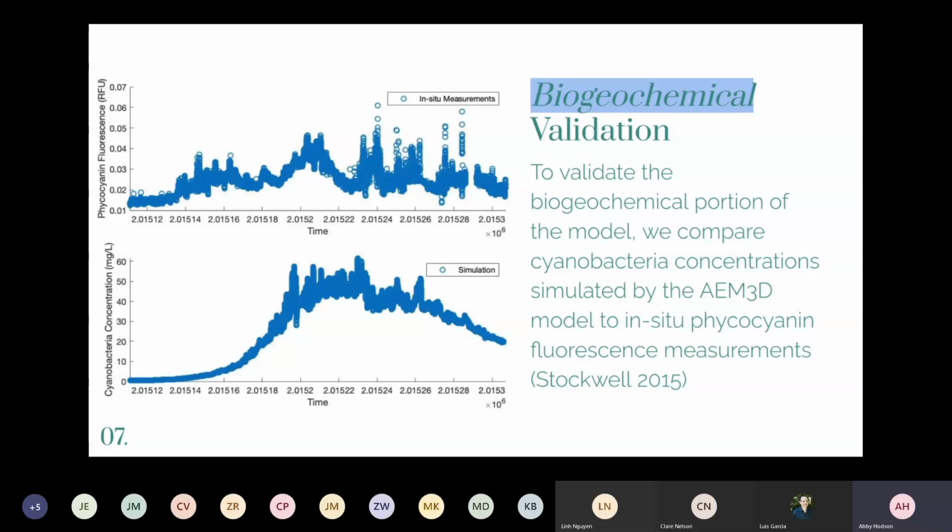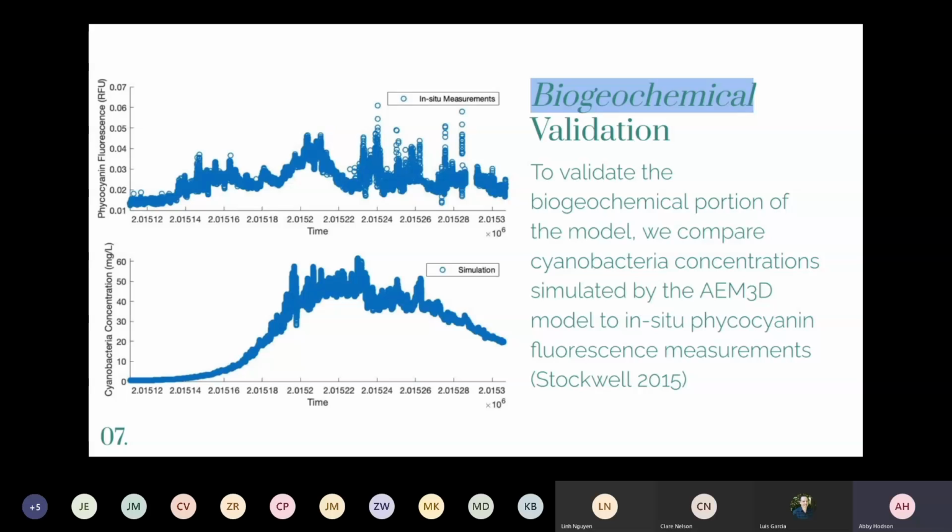And phycocyanin, for those who aren't familiar, is a pigment that's found in a specific type of algae, cyanobacteria, which fluoresces under specific wavelengths. And though it's correlated with the actual concentration of cyanobacteria, we can't directly convert between these two variables confidently.